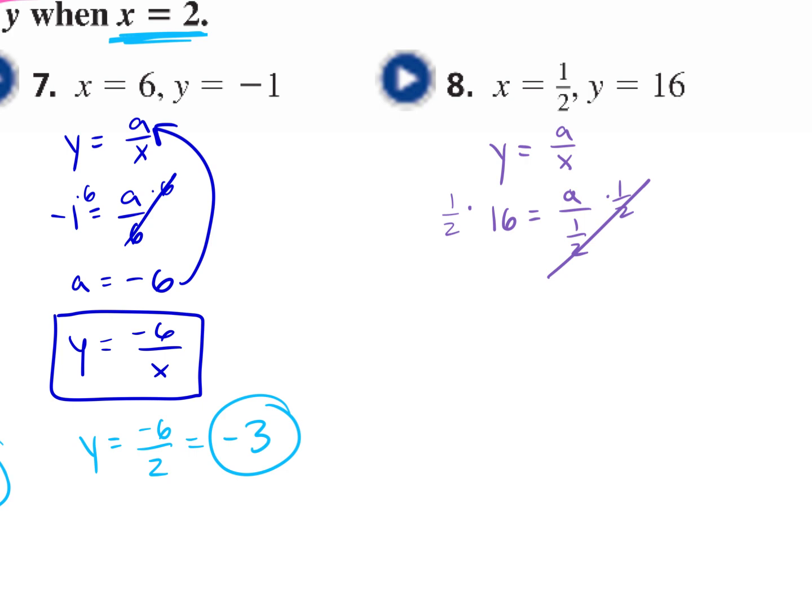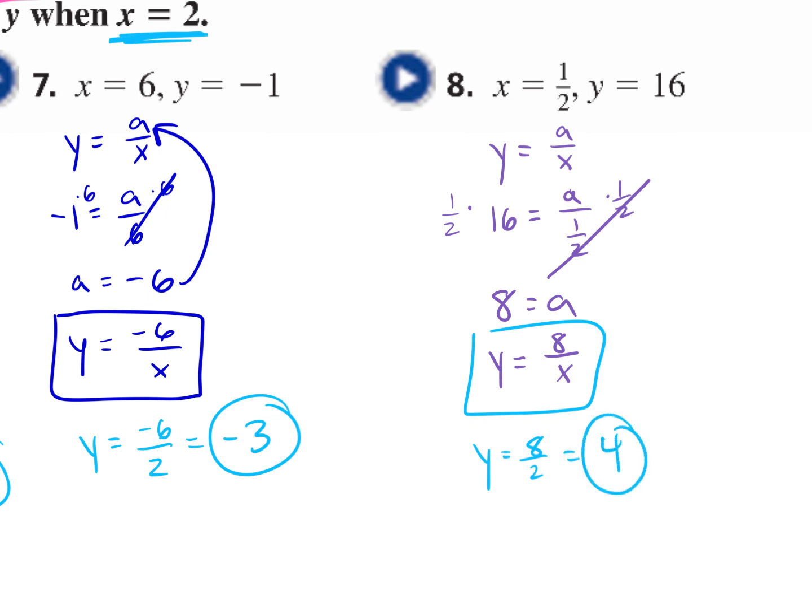What is 1/2 times 16? 8, yeah. So a is 8. What would I do next? Plug it into the formula. So y is equal to 8 over x. Then what do I do? Plug in 2. So y is equal to 8 over 2, which is 4.